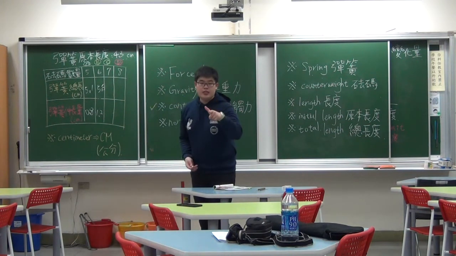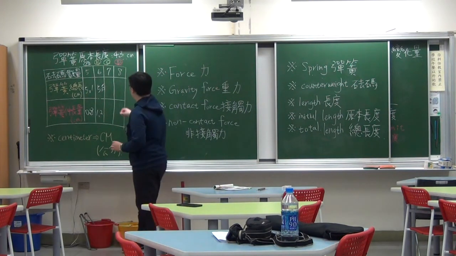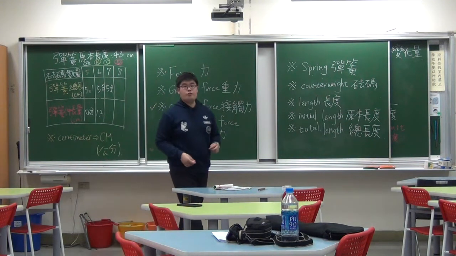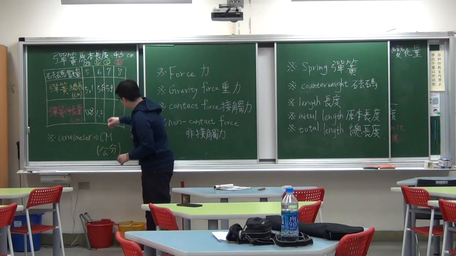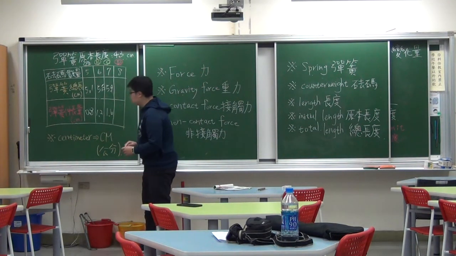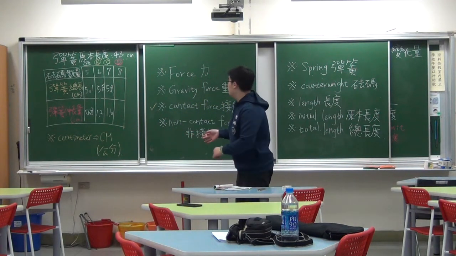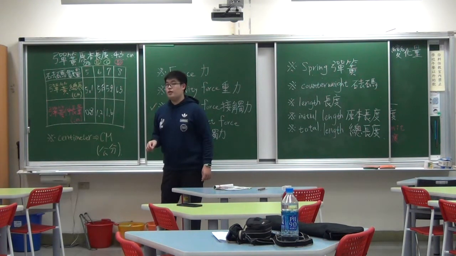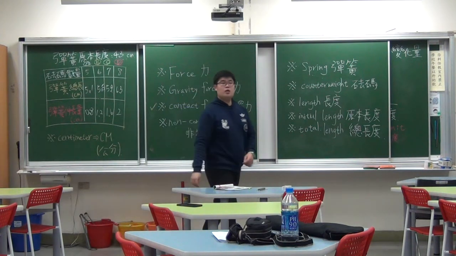Move on to group C. Your answer is 5.9. So the differential of the spring is 1.6. And the last group is group D. Your answer is 6.3. And the differential of it is 2 centimeter.